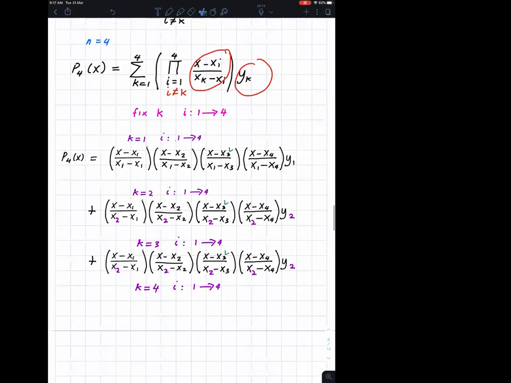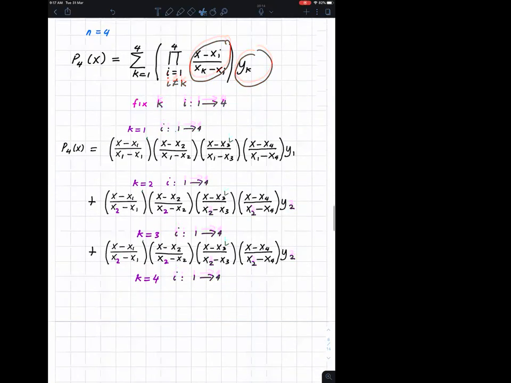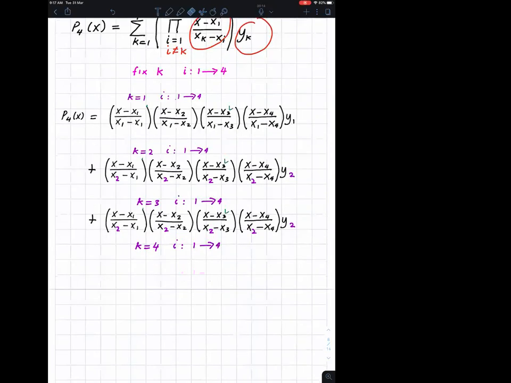Now k is 3. All I have to do is change the subscript to 3.